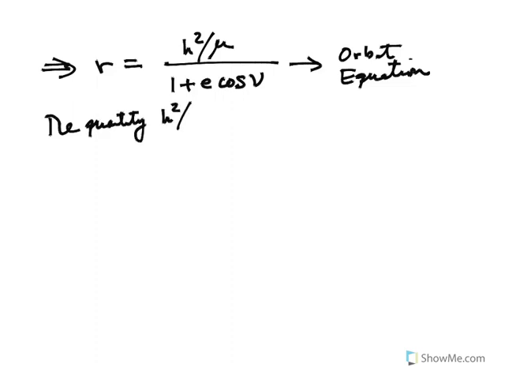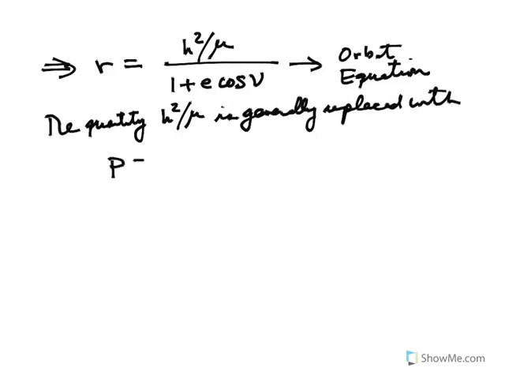But we'll finish this lecture with one last little fact, which is that the quantity h squared over mu is generally replaced with the following. P is equal to h squared over mu. P is what's called the semilatus rectum.